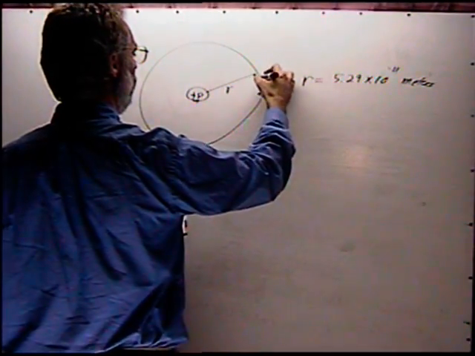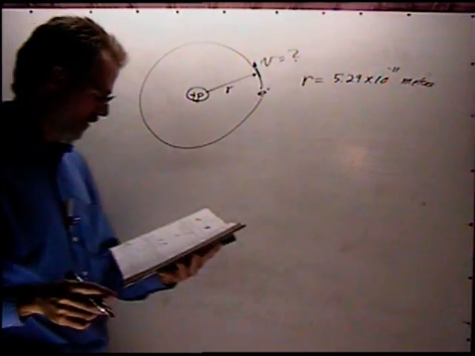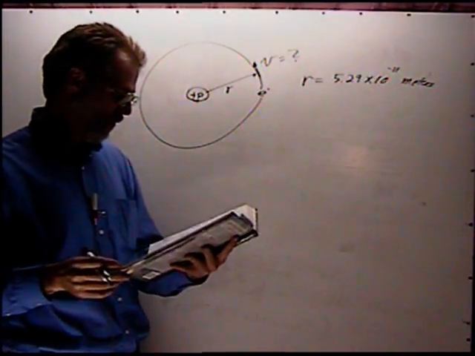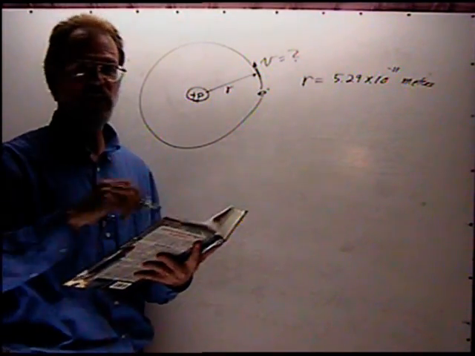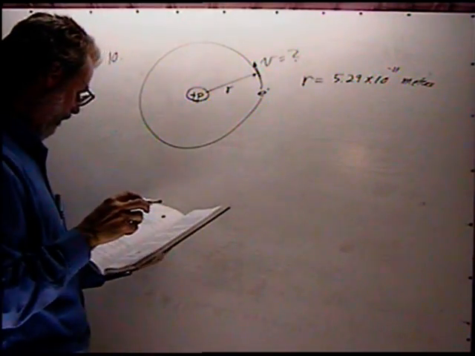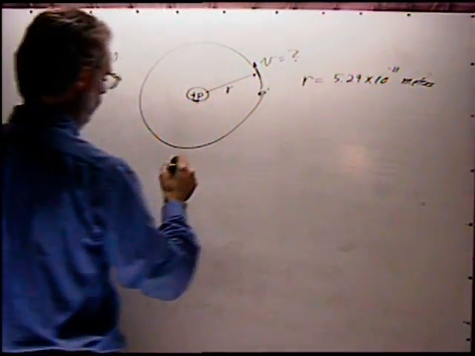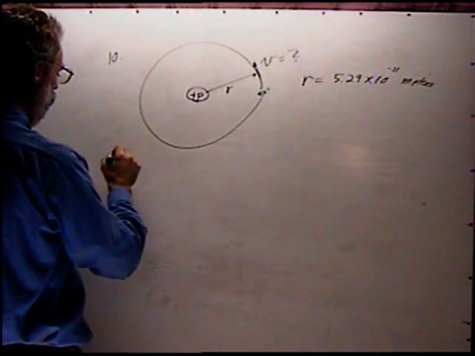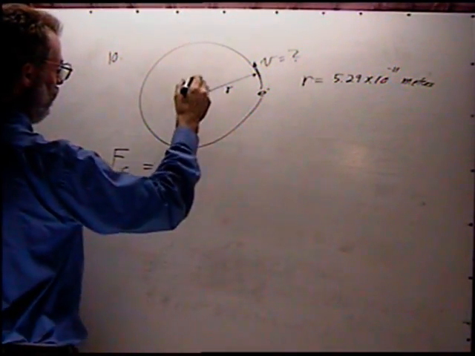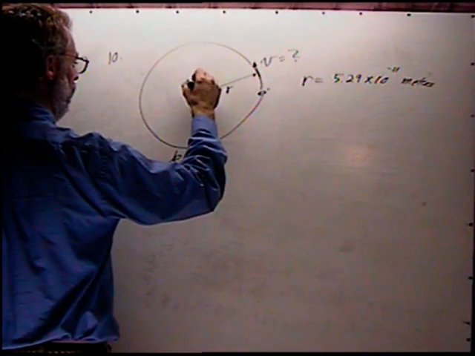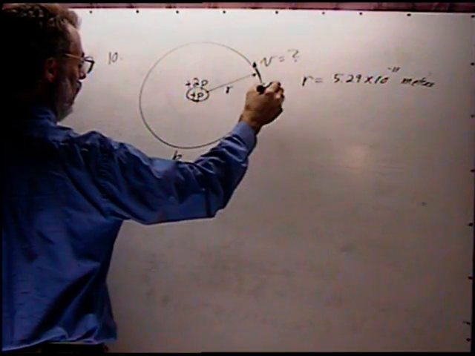So basically it has a certain velocity, and you want to know what the velocity is. Well, this is according to a very simple circular motion electron model. So basically what we have is the Coulomb force, which is equal to K. In the center here we have plus 2 protons, and the electron is 1.